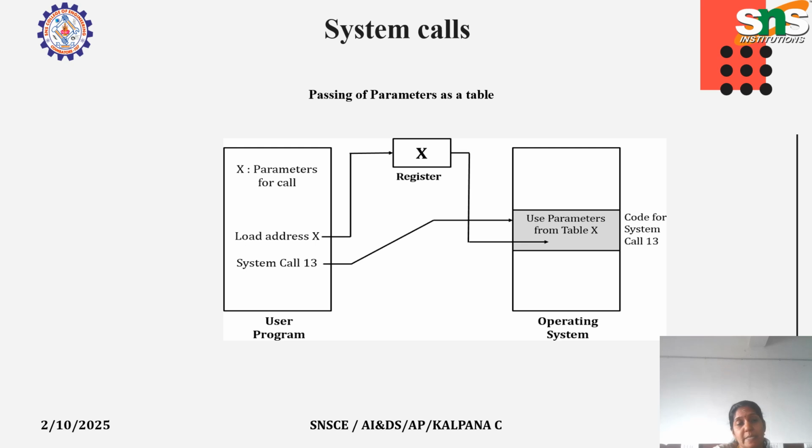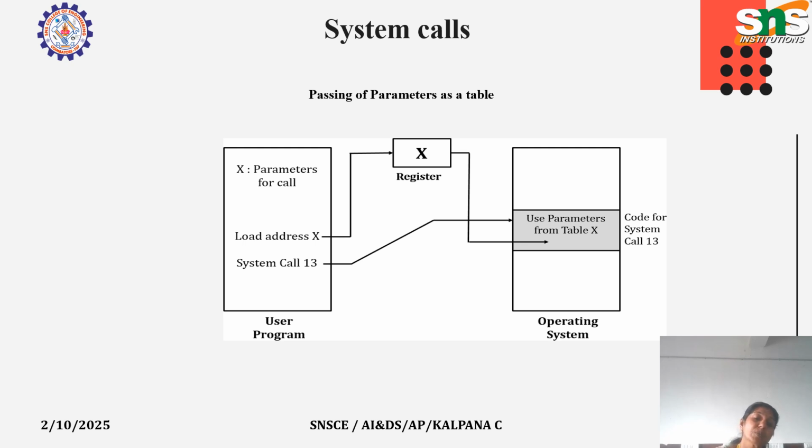overview about parameters. While executing a system call, sometimes we pass parameters. For example, if you are going to open a file, we need to give the file ID, the file name, and whether we are going to perform read or write. These are passed as parameters.